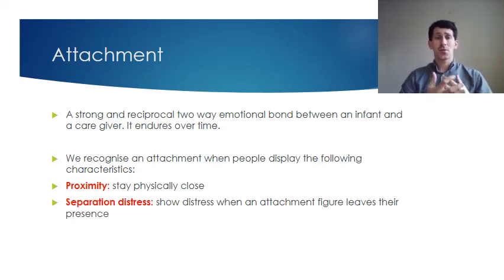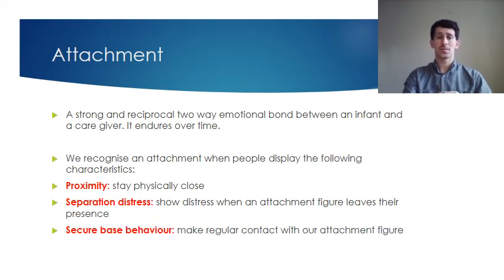They show separation distress. So if the mother, for example, leaves the room, then the child might start to cry. Okay, they start to show signs of distress when their main attachment figure leaves the room. But also they use the mother as a secure base, or the primary caregiver as a secure base. And they try and make regular contact with that attachment figure.